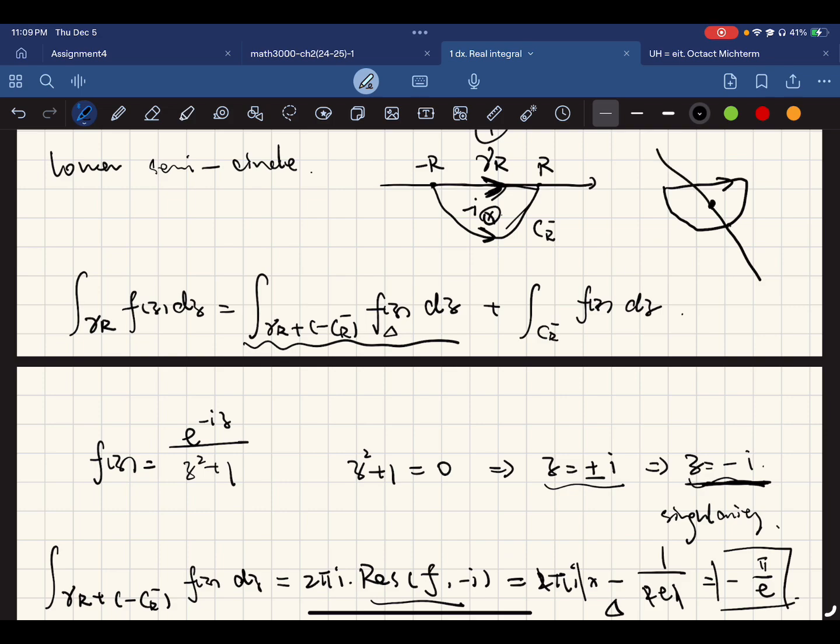Okay, we will see it enter from the left. Let the number that it crosses from the left be 1, and by the definition of the winding number, it will be right minus left.